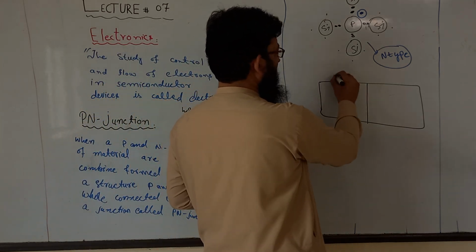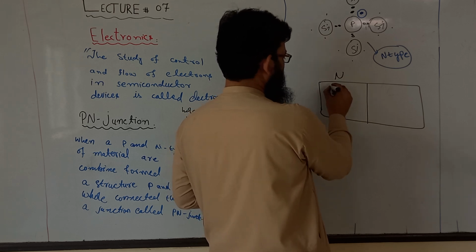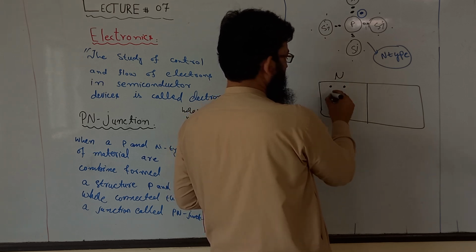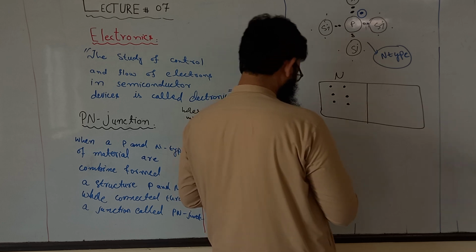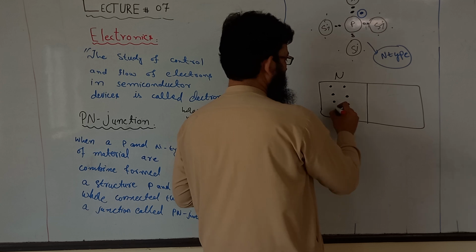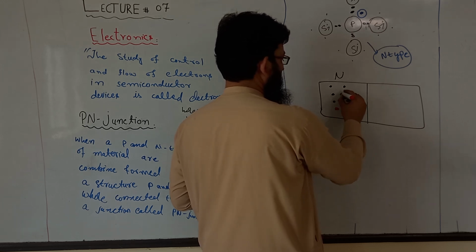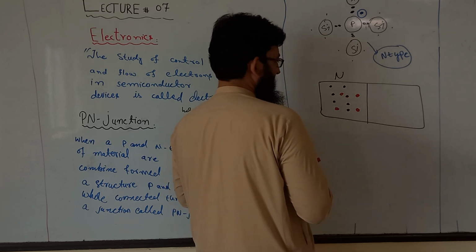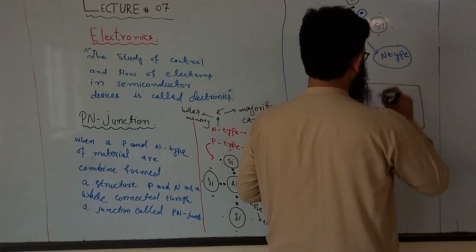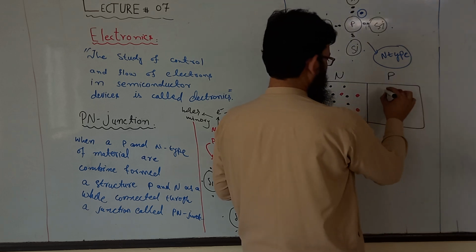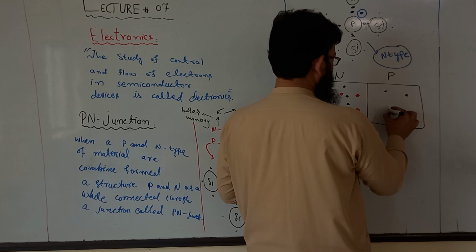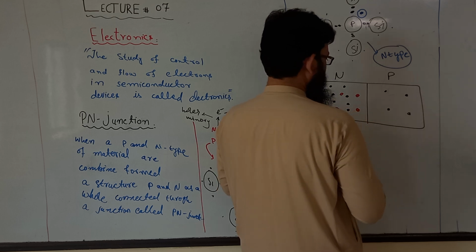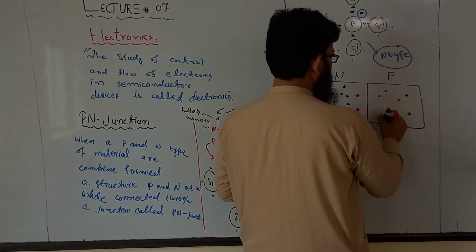So if this is n type, electrons will be large in number. Let's say electrons are denoted by the black dots and holes are denoted by the red dots. So electrons are in excess, in larger number, while holes are in smaller number. While in p type material, electrons are minority charge carriers and holes are majority charge carriers.